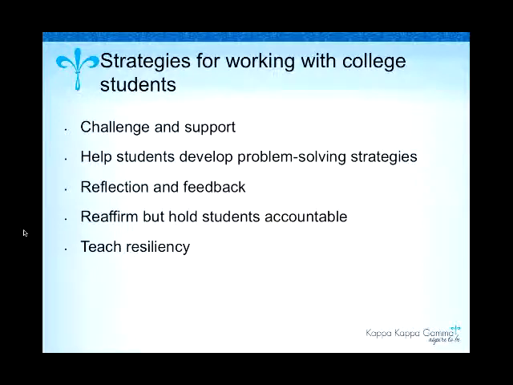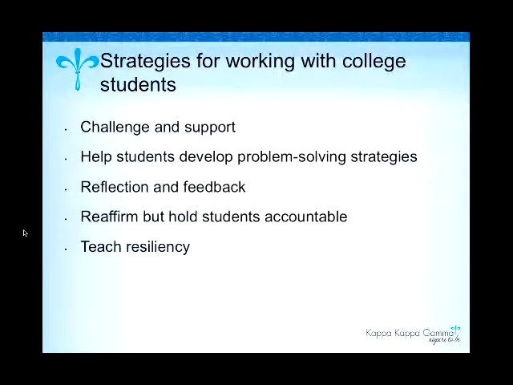The fourth thing is reaffirm but hold students accountable. I've seen this and heard this already a lot this fall with what's going on across the Kappa world, and also what's going on nationwide on college campuses. Accountability is huge.